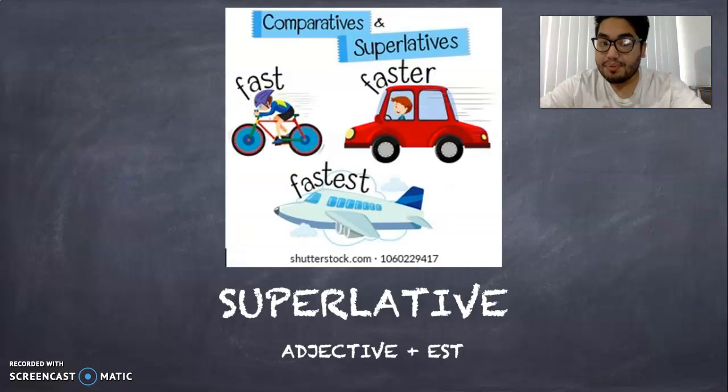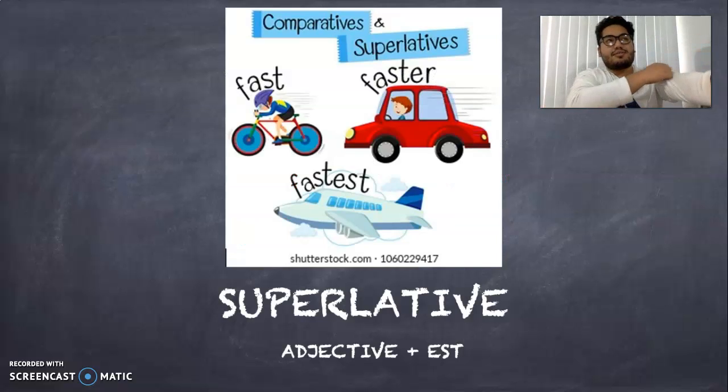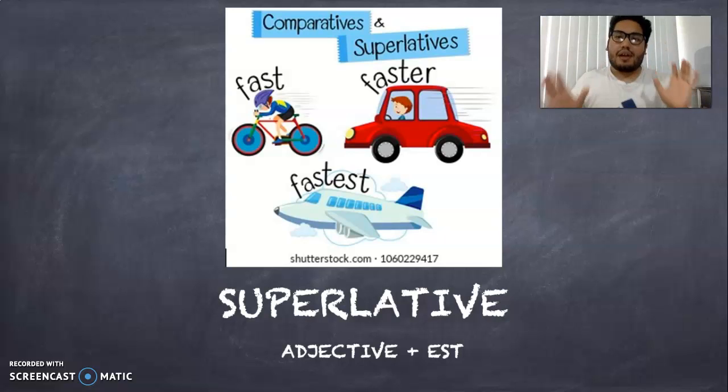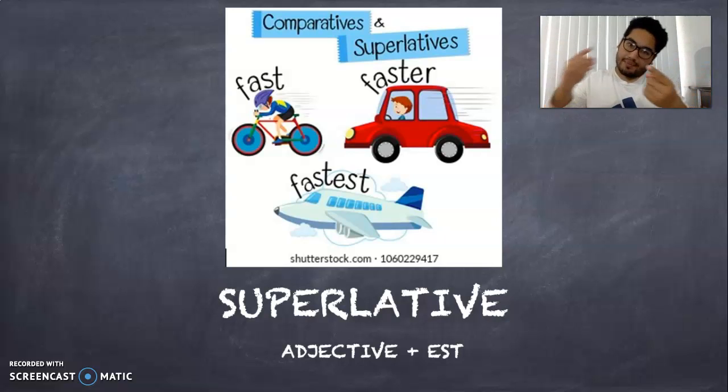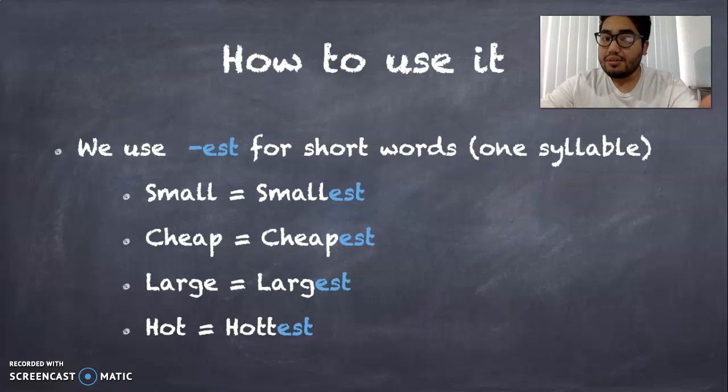Now let's see the superlative. It's when we compare a group, more than two persons or more than two things. For example, in the picture we have that the bicycle is fast, but the car is faster. But the fastest vehicle of those three is the plane. So how do we use it?